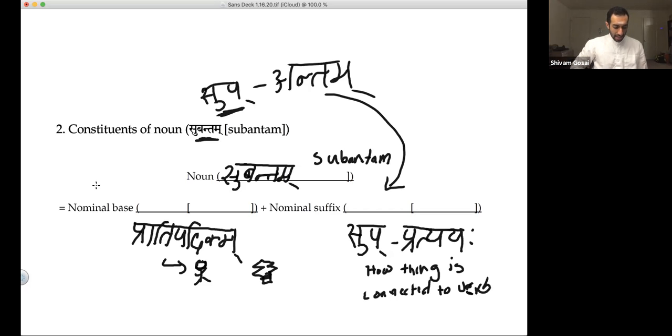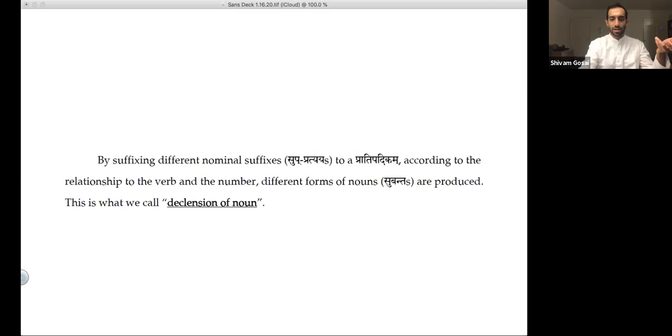Now, this addition that we're doing of adding a pratipadika and a sup pratyaya is what we call declension of nouns. You see on the screen, declension. That word is really important. Declension means adding a sup pratyaya to a pratipadika.